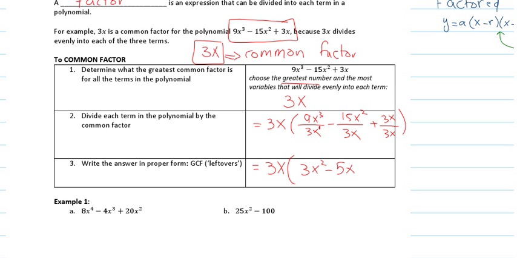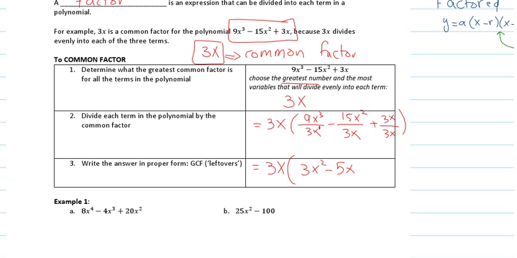Why the answer 5 raised to the negative power? Why would it be negative power? The top is bigger than the bottom, right? So 2 minus 1 gives me 1. Not negative. If it's going to give you a negative exponent, that means you've done something wrong. Go back and check. Okay? It shouldn't give you a negative exponent.